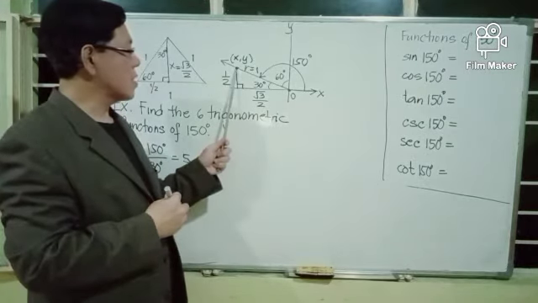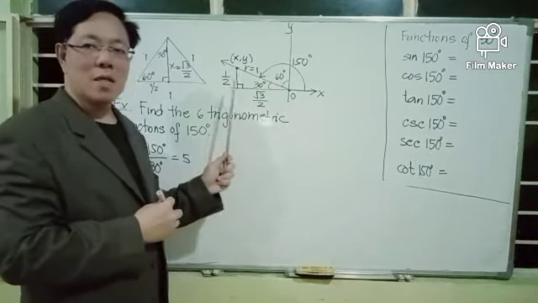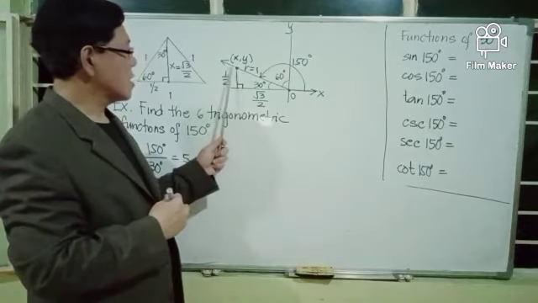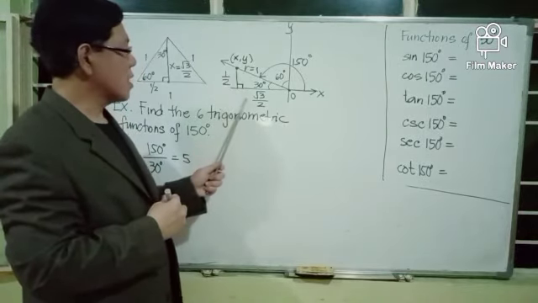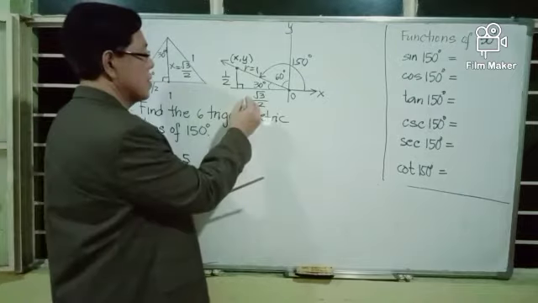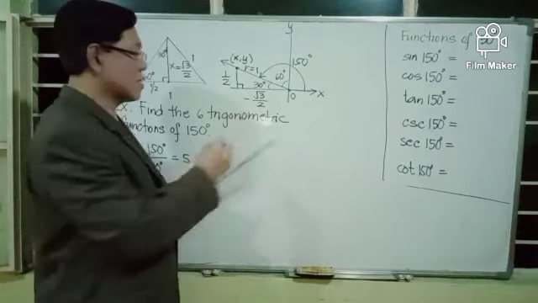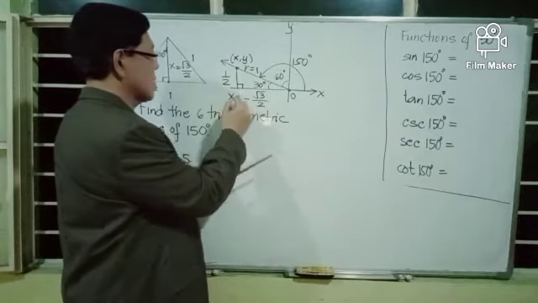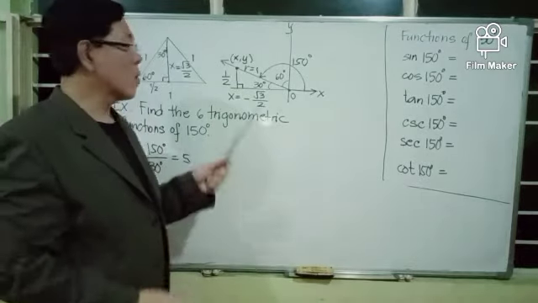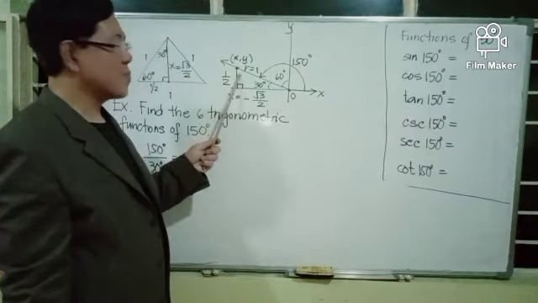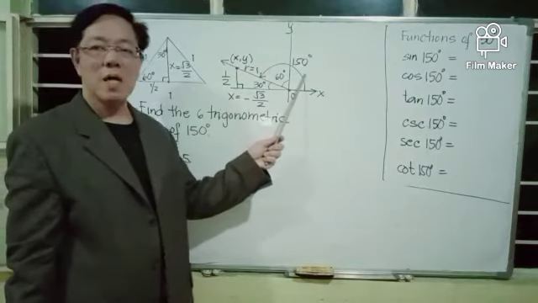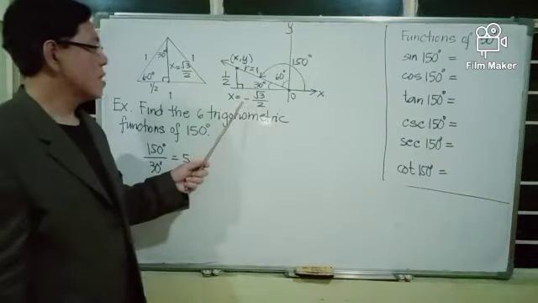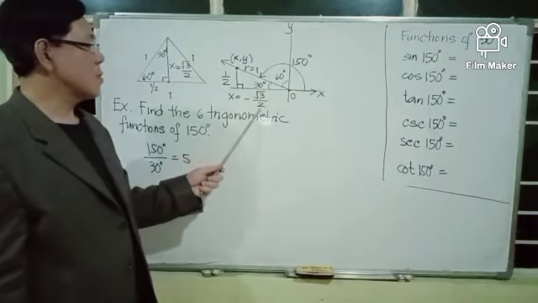But since the point is to the left of the y-axis, we indicate the distance of this point by writing negative to the value of x. Hence, the abscissa or the x-coordinate of this point on the terminal side of the given angle 150 degrees is negative square root of 3 over 2 units.